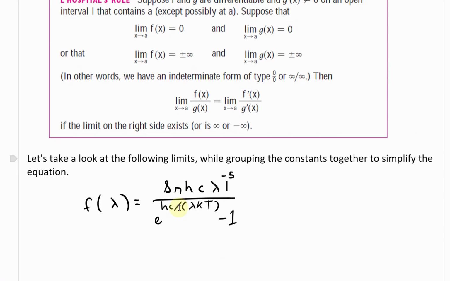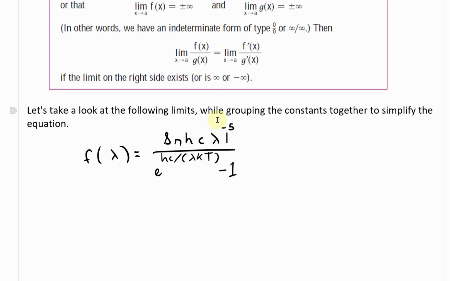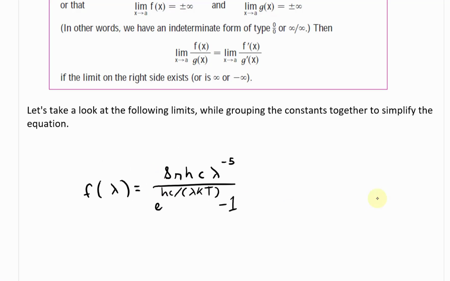Alright, so now that we have this, we're going to group the constants together just to simplify it. I'm going to move this lower. I'm going to call this part right here, this 8 pi hc, a. So a equals 8 pi hc.